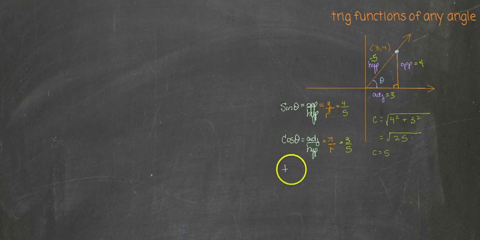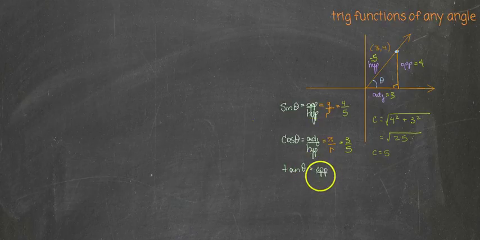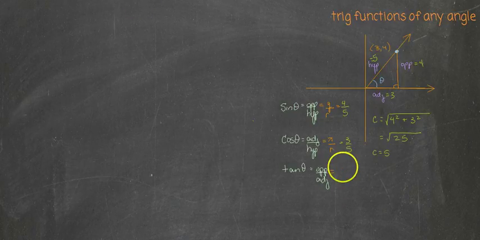And the tangent of theta, which is the opposite over the adjacent, in this case is y over x, and specifically that would be 4/3.